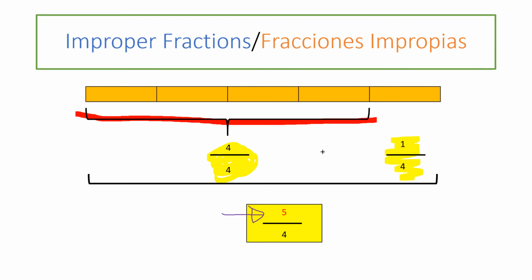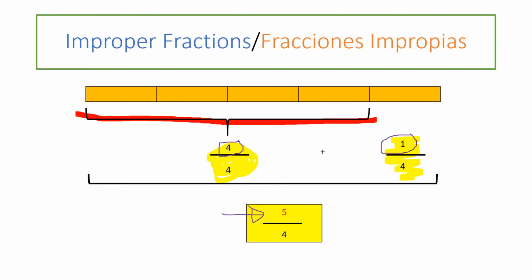You're right on the money. It's greater than 1 whole. So in this case, our picture shows 5/4. Say 5/4. Great. We know it's 5/4 because we have 4/4 plus 1/4, which is 5/4.